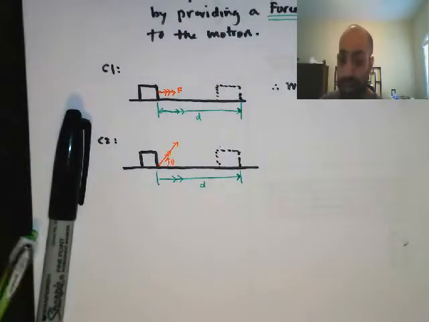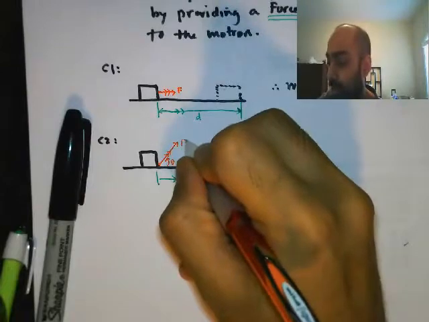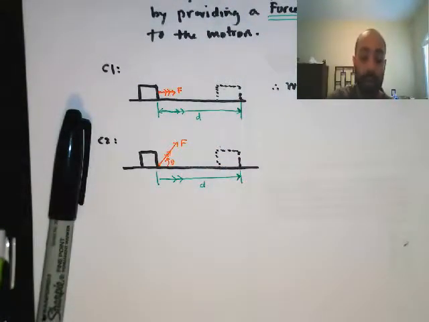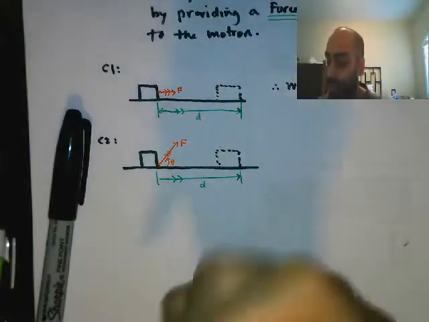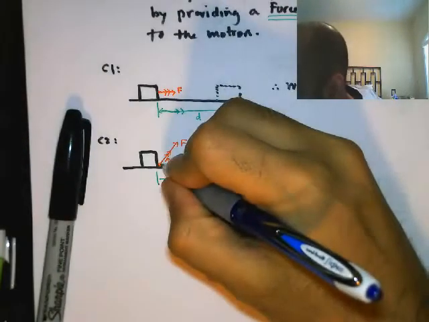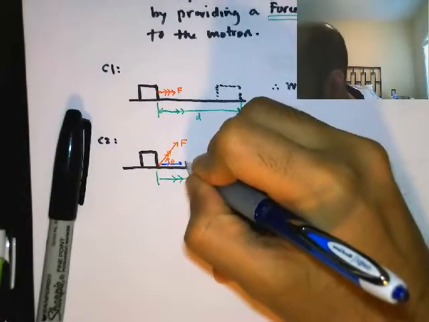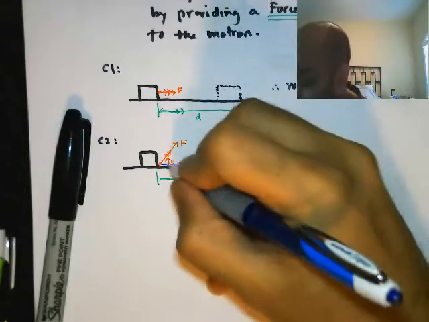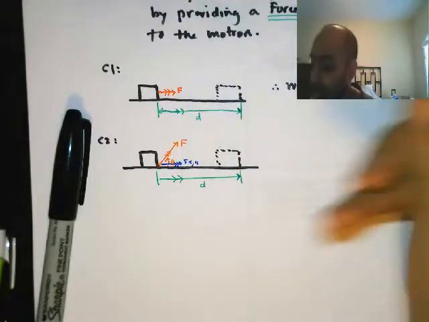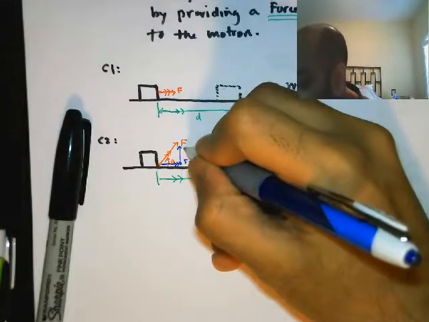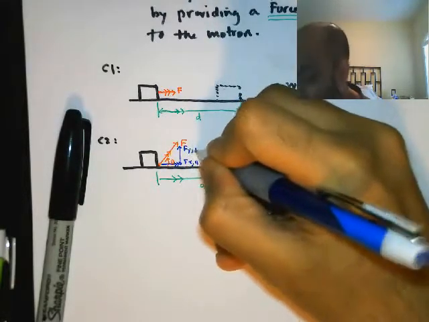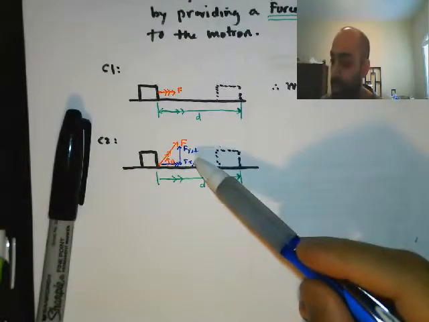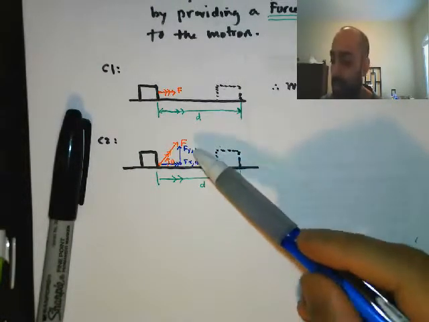But the problem is that this force F is not parallel to the motion. But the question is, are there components that are parallel? Okay, well, if you remember anything about components, this is going to have two components. We have the x component, which is parallel to the motion, because this blue is moving to the right. And we have another component, which is the y component, but the y component is perpendicular. So we have a perpendicular component, and we also have a parallel component.